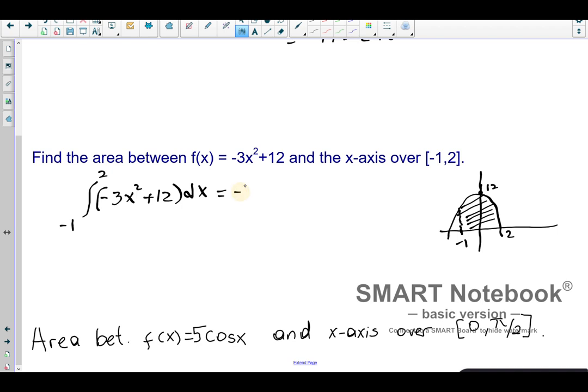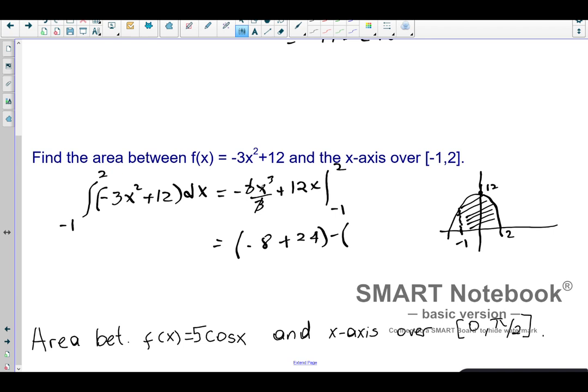So here is the antiderivative: negative 3x cubed over 3 plus 12x, evaluated from -1 to 2. I can simplify: negative 3 over 3 is -1, so I have negative x cubed. Plugging in 2, I have negative 8 plus, plugging 2 into 12x, 24, minus, open another parenthesis, plug in -1 everywhere you see an x.